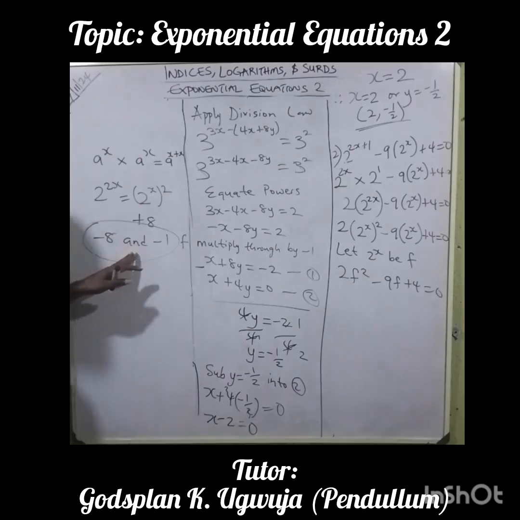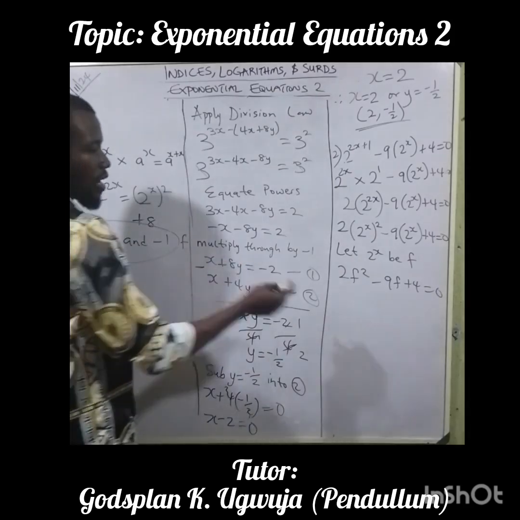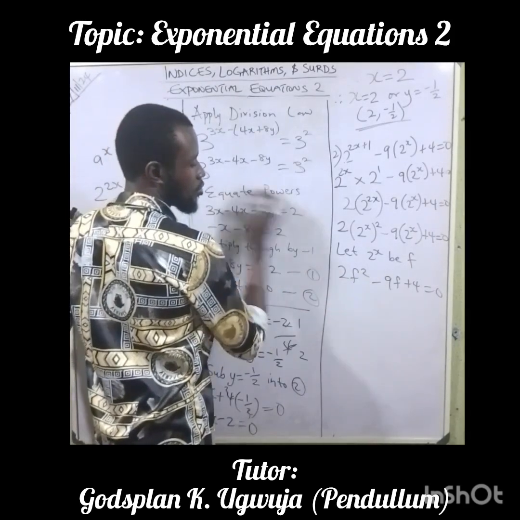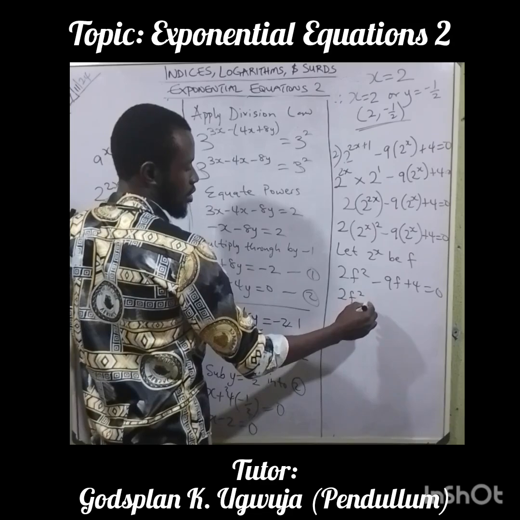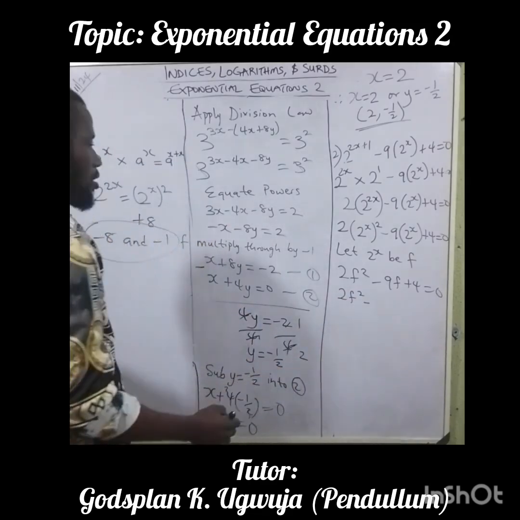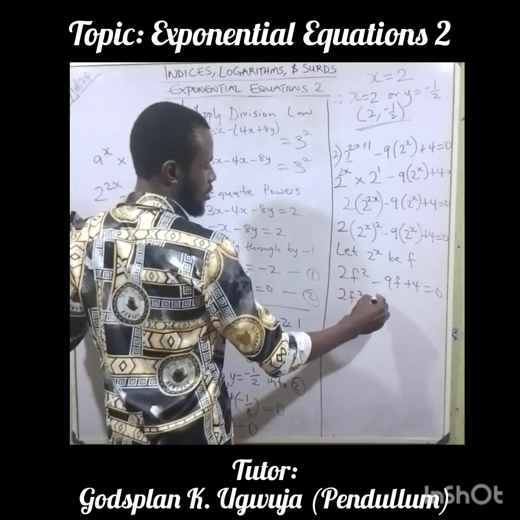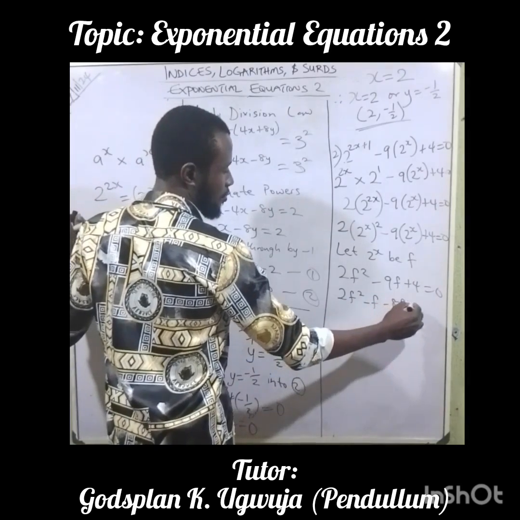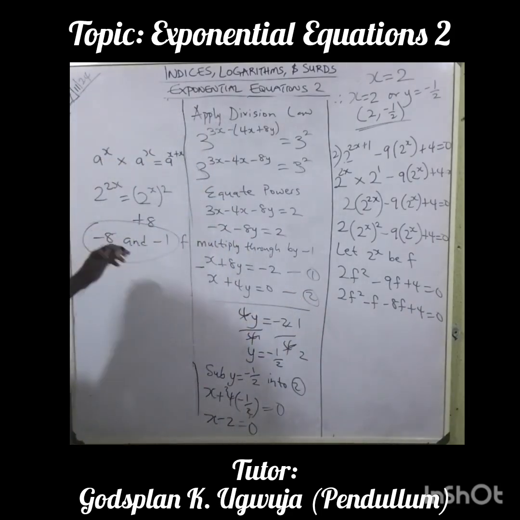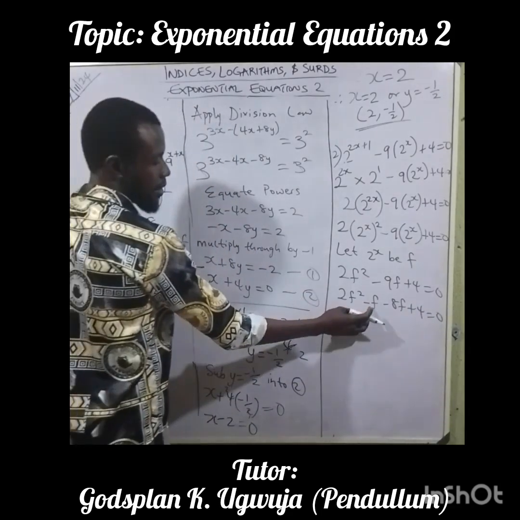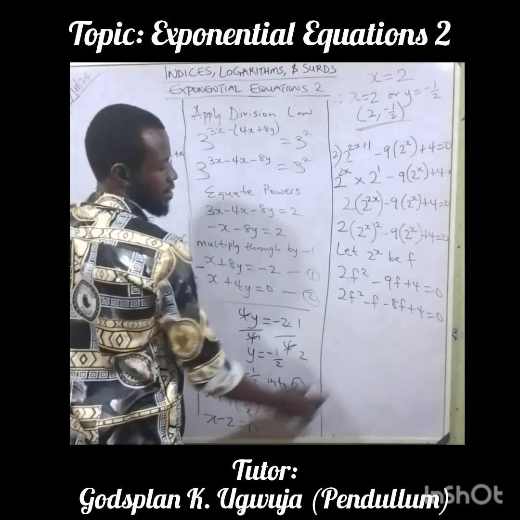So these are our two factors that we're going to use. So therefore, I can replace this one with the two factors. And I will have 2f squared minus f minus 8f plus 4 equal to 0. Alright, so I've replaced this by minus 1f and minus 8f.